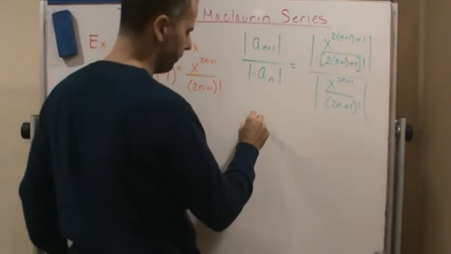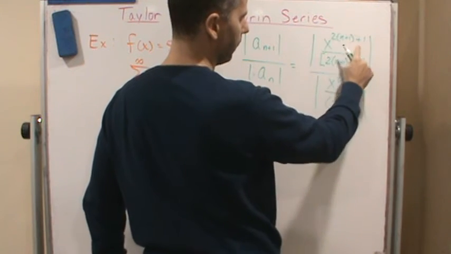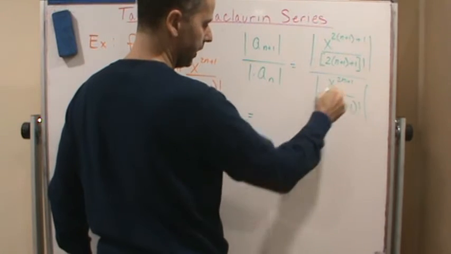Okay, so now it's okay. So now if I simplify this, this is going to give me 2n plus 3. But I'm going to write this as a multiplication of the reciprocal.